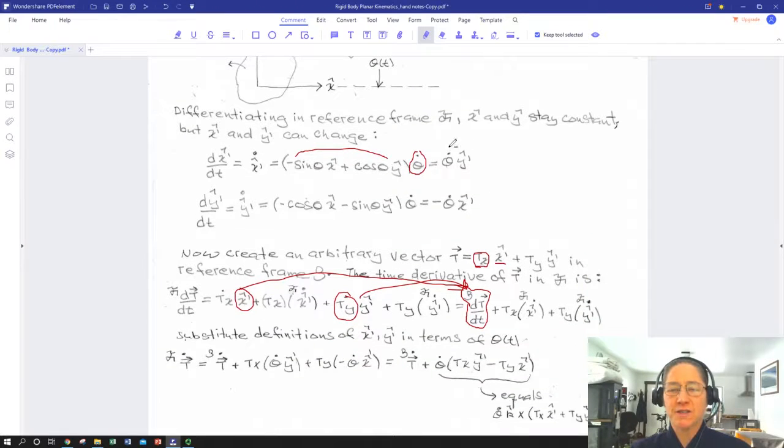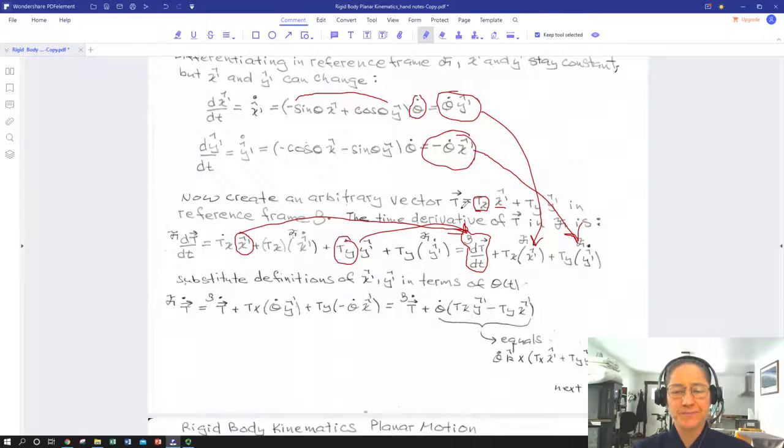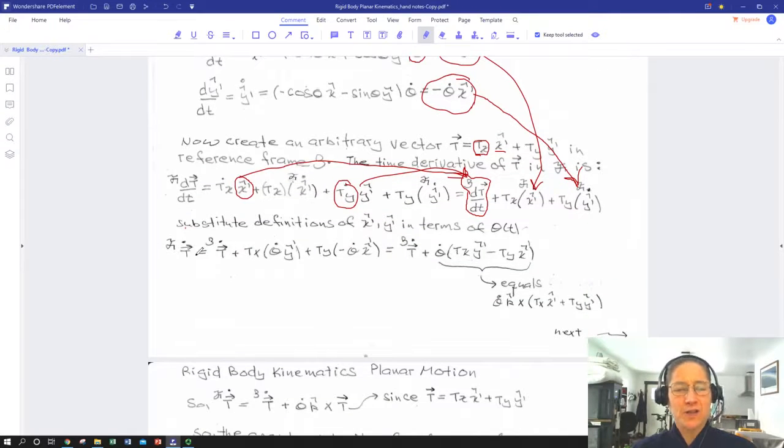So we can drop these expressions in here, because this is basically saying how fast is the reference frame for B itself changing with respect to the reference frame of F. Good thing we have such a nice, neat expression for it with a nice angular velocity.